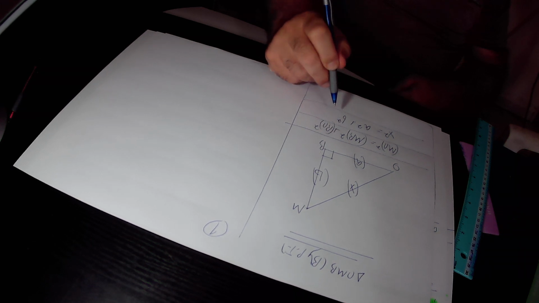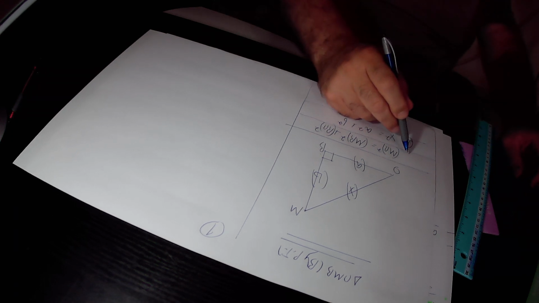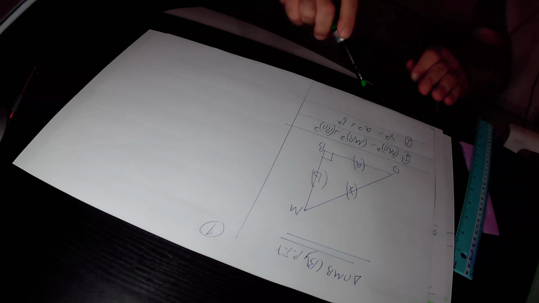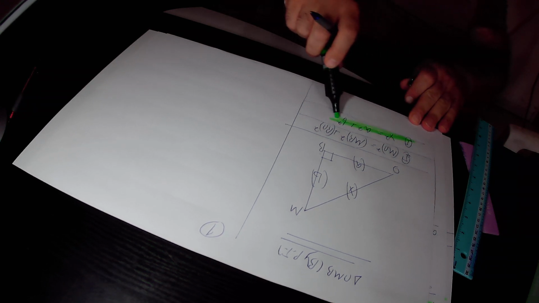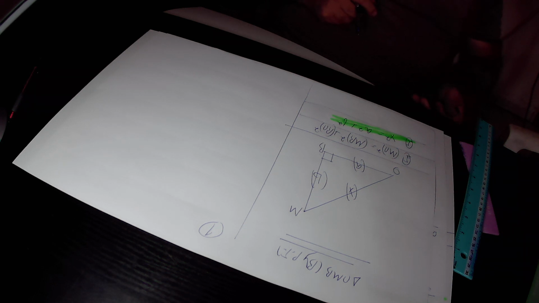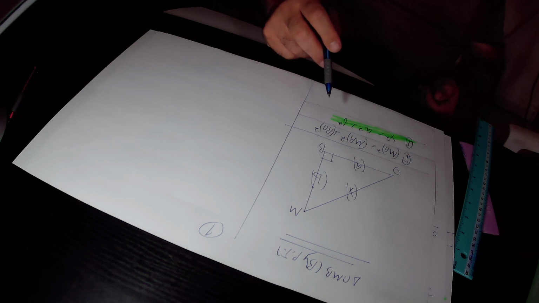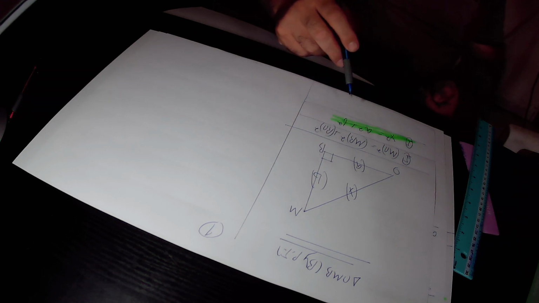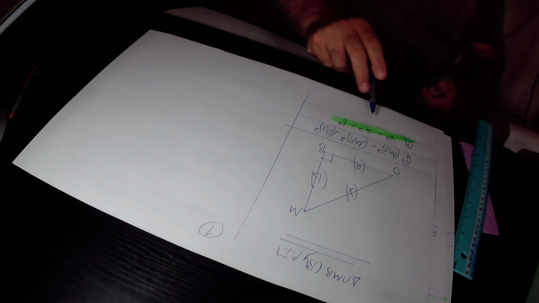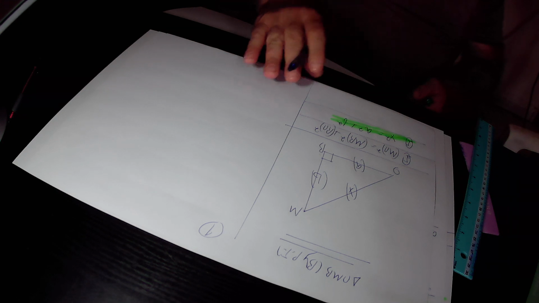So in total, we have found out that x squared, according to equation 1, equals A squared plus B squared. This is according to equation 1.